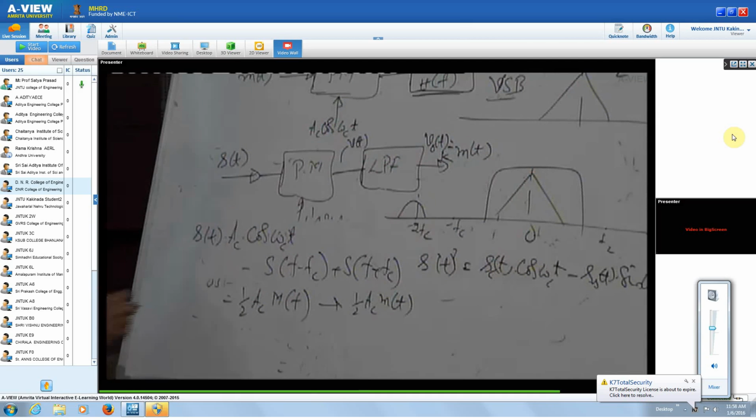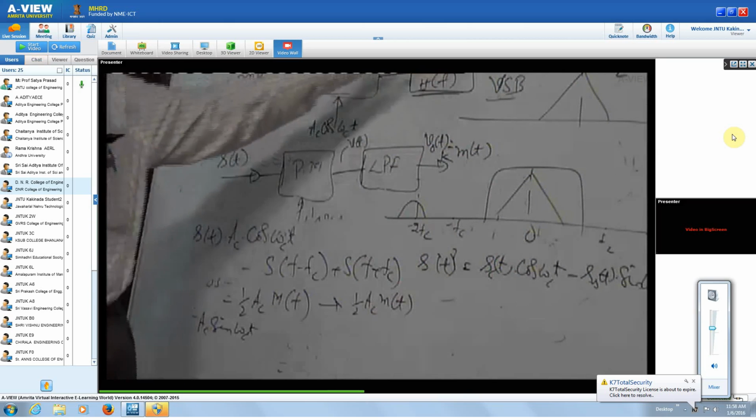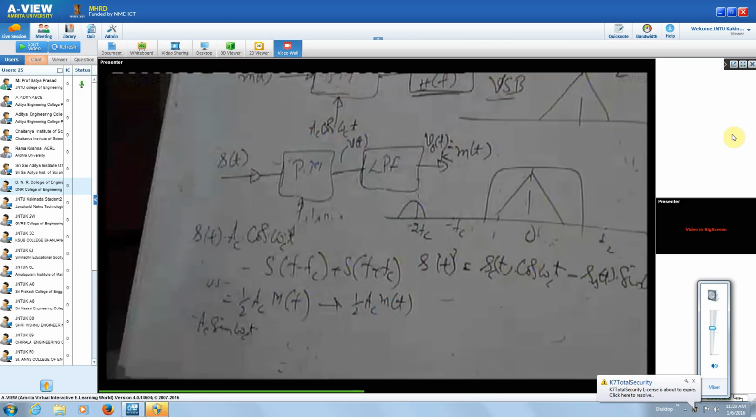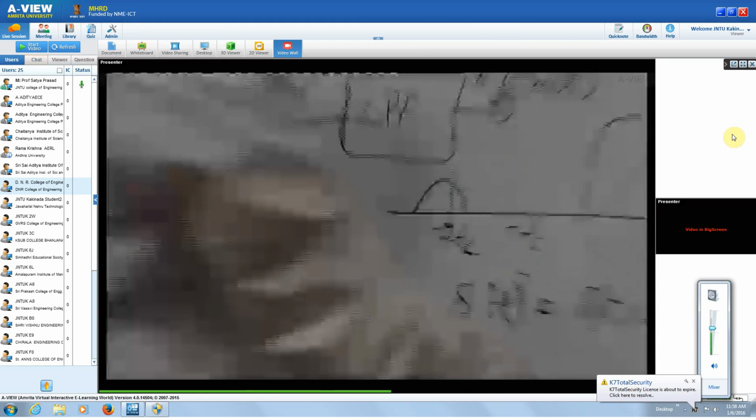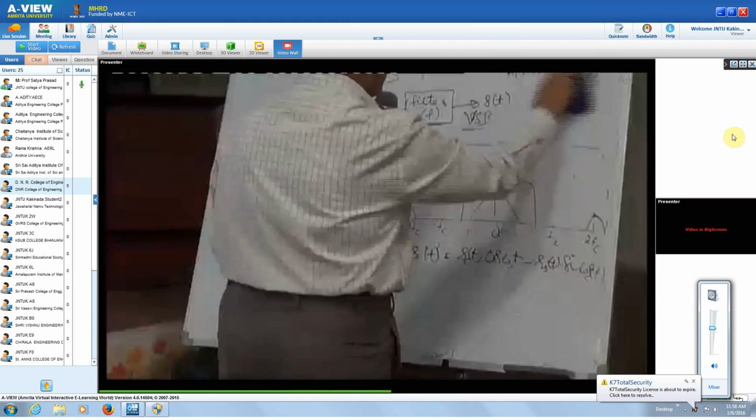Whereas if you multiply this with AC sin omega ct, we are going to have this along with this filter characteristics also. Therefore, the filter characteristics will be coming here.